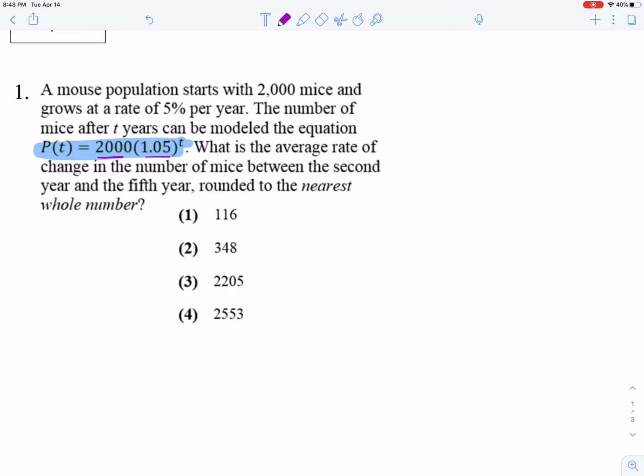What is the average rate of change of the mice between the second year and the 5th year? So I'm going to take that function and make a table, but I'm only interested in second year and 5th year. So how am I going to get the outputs?